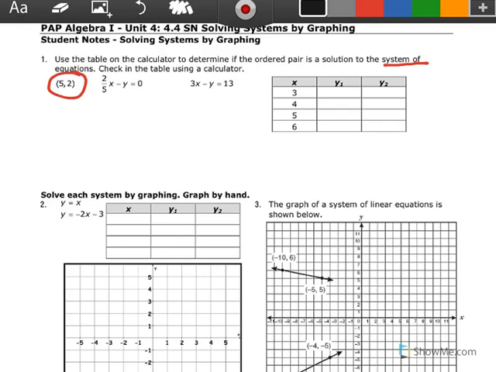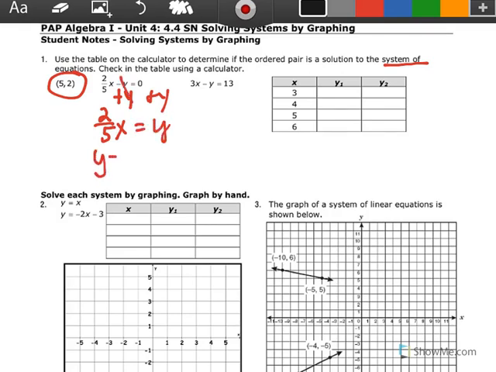So in order to use our calculator table to determine this, we want to take our two equations and set them equal to y equals. On this first one, I am just going to add y on both sides, so I have 2/5 x equals y. These cancel out.